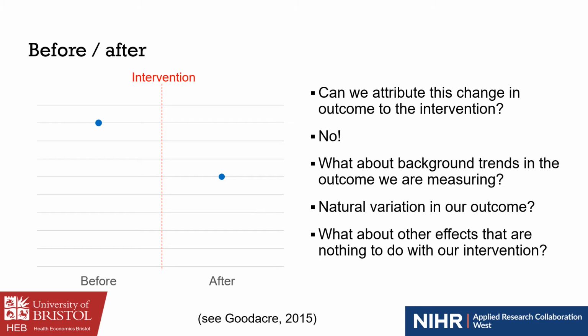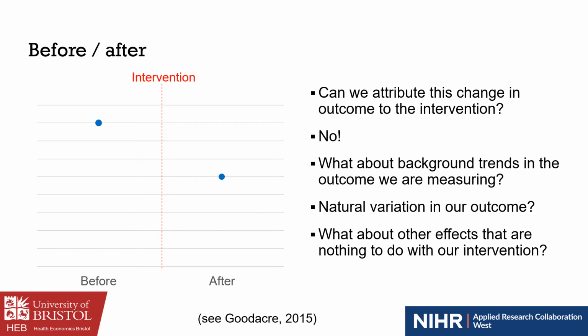One is that if there was already a downward trend in emergency admissions for people with dementia, we might expect to see this drop in the after time period, even if our intervention had no effect. Another issue might be if something else happens around the same time as our intervention that might affect the outcome.